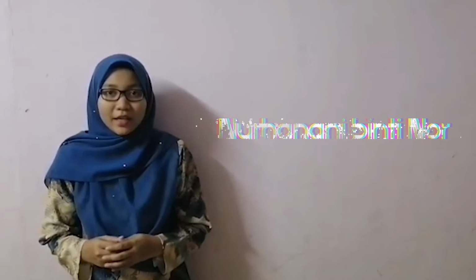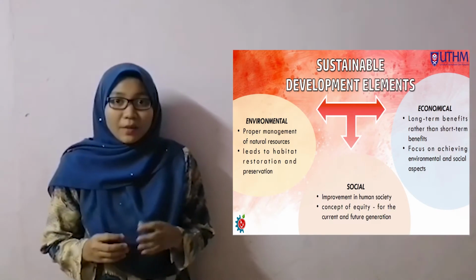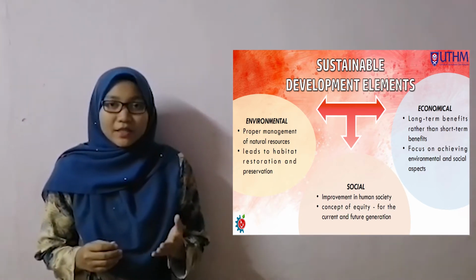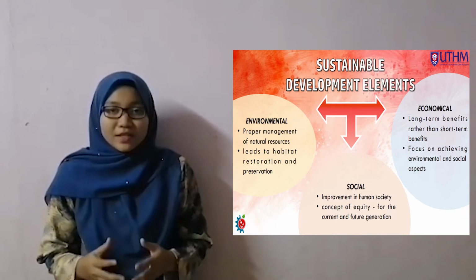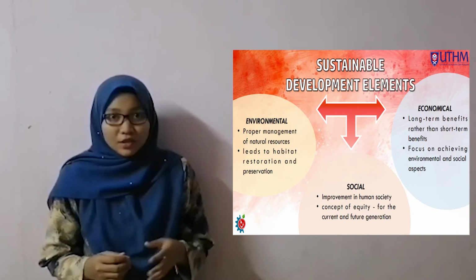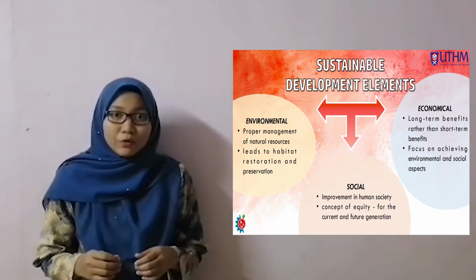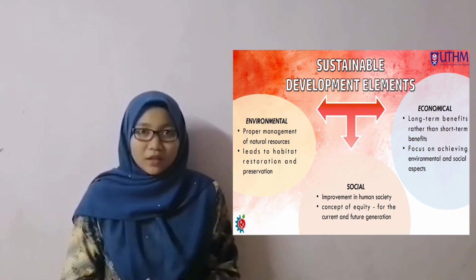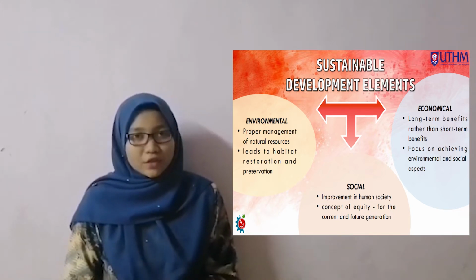Thank you. Sustainable development elements can be seen in three aspects, which are social, environmental, and economical. For environmental, these productions have proper management of natural resources, and it leads to habitat restoration and preservation. In social, it has improved human society and the concept of equality for current and future generations.